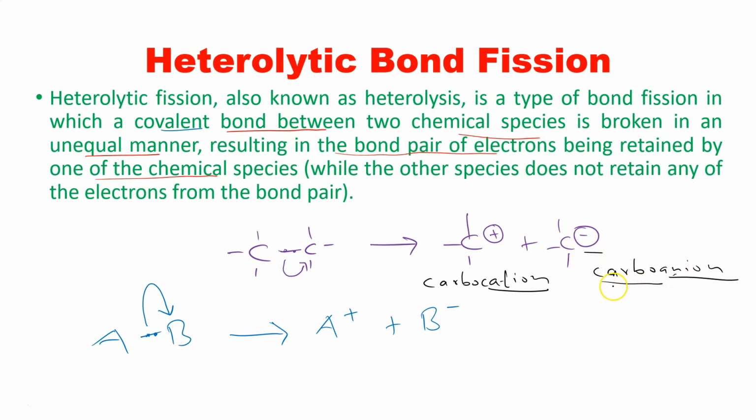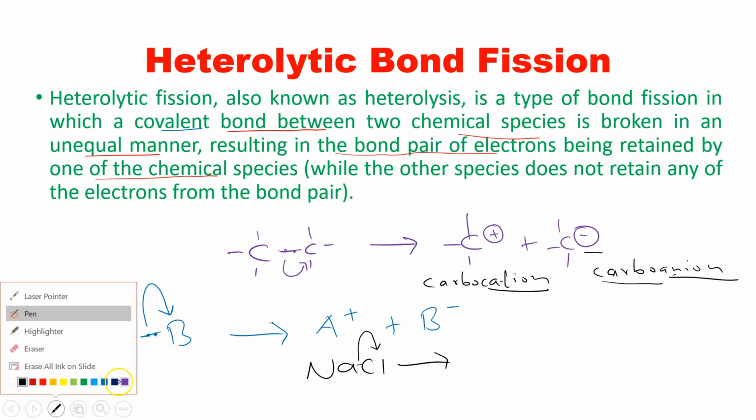There can be some different examples also, like suppose we have the example of sodium chloride. So sodium and chlorine have a bond in between. As you know, sodium is a metal and chlorine is a non-metal. So when this bond breaks, the pair of electrons will always transfer to chlorine, as it is an electronegative atom.